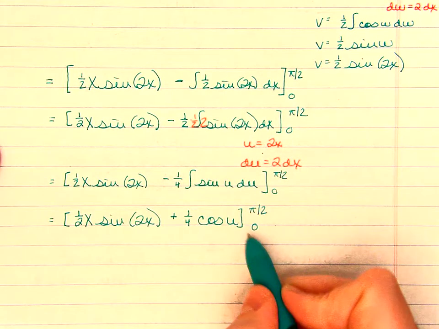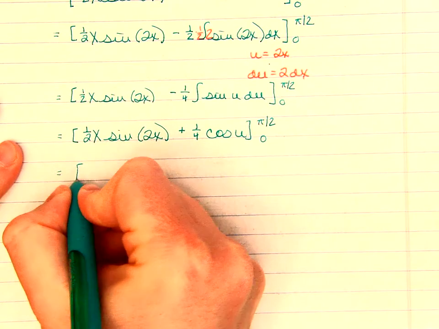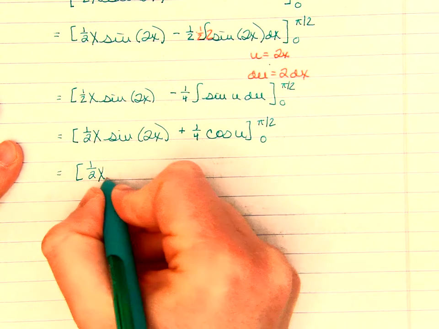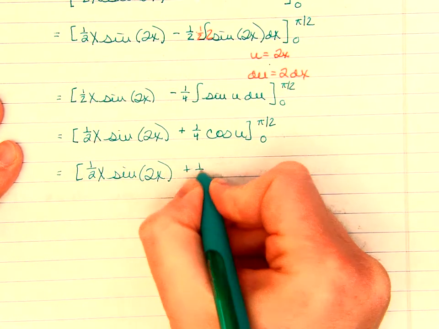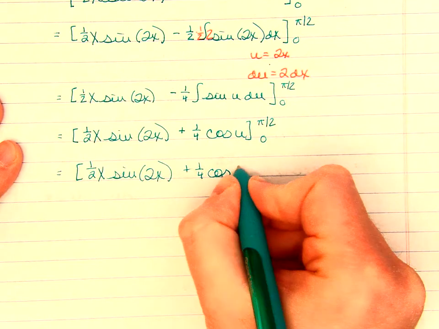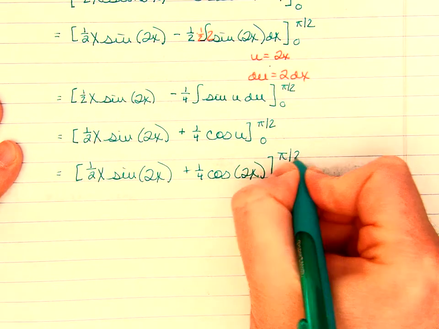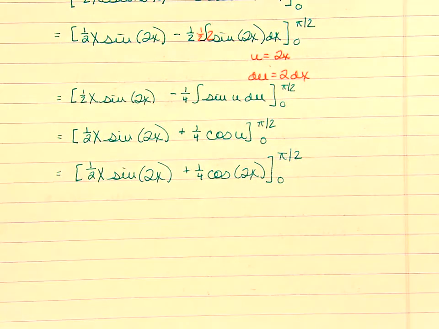But the 0 and pi over 2, those are x values, so I want just x's in my answer. And I'm going to get 1/2 x sine 2x plus 1/4 cosine 2x, and I'm dealing with this between 0 and pi over 2. So I'm done with my antiderivative work.